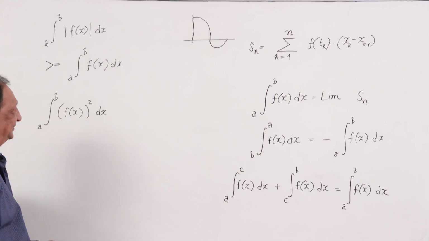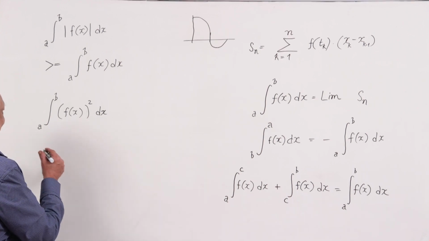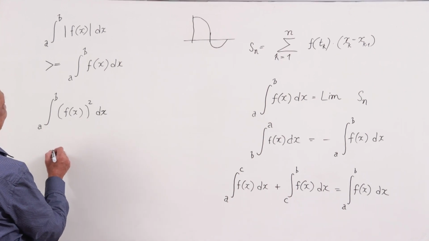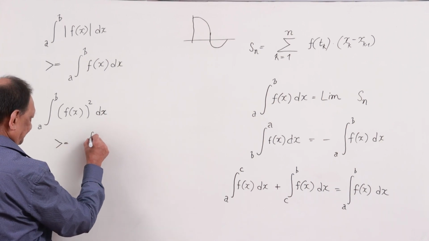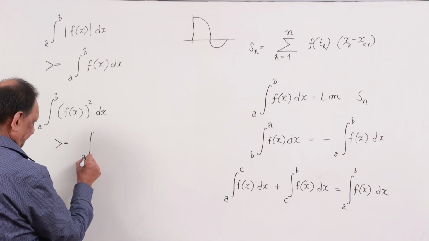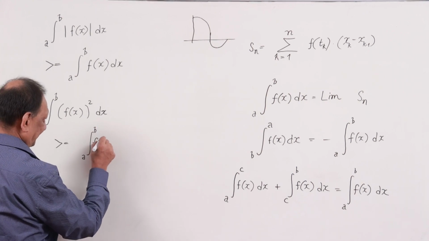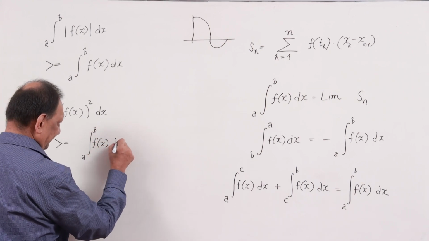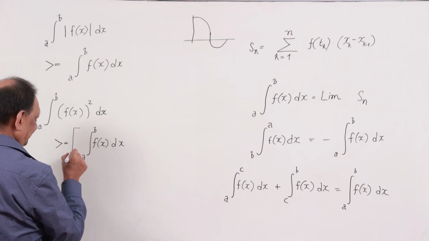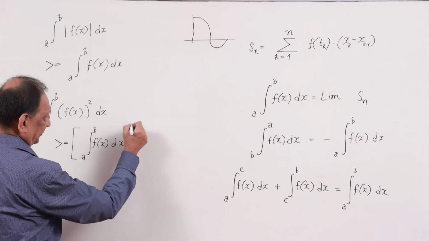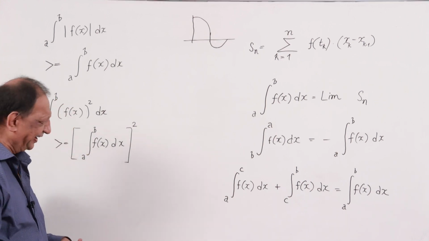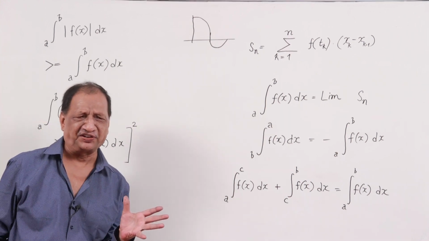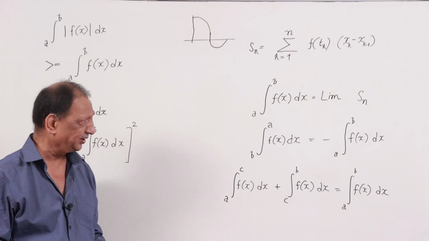So you understand? Which means this will be greater than or equal to A to B f(x) dx whole square. Another inequality. So like that you can write n number of such inequalities if you want.